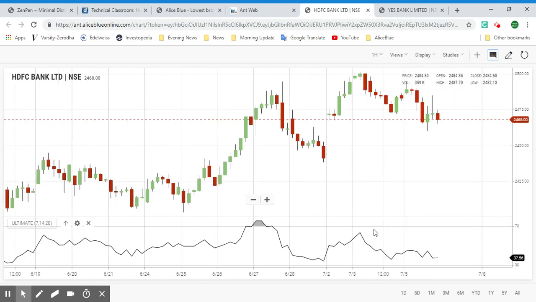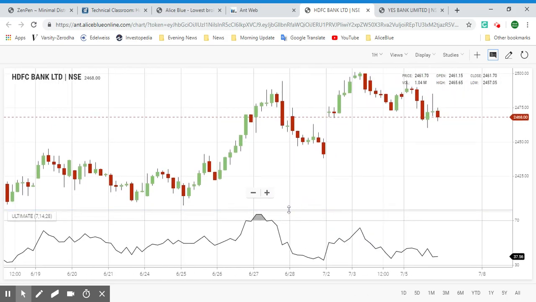This here is currently a good sign. As we can see, the ultimate oscillator here has peaked at HDFC's level, but then the chart has made a little more high, and the stock and the indicator haven't kept up. So here we have a bearish divergence.